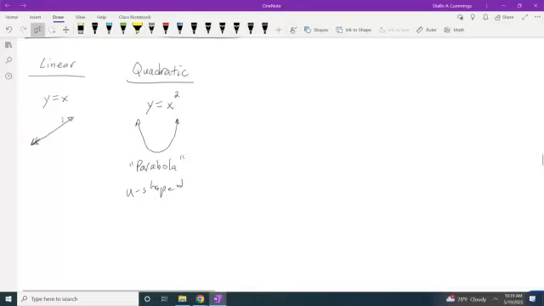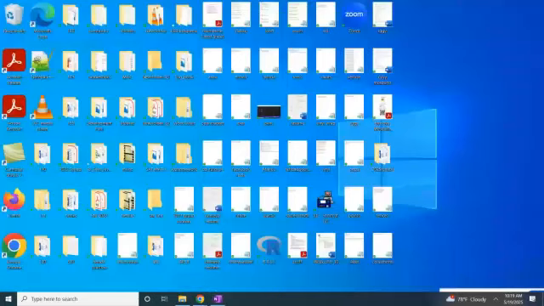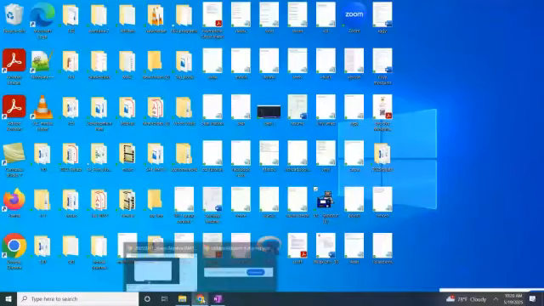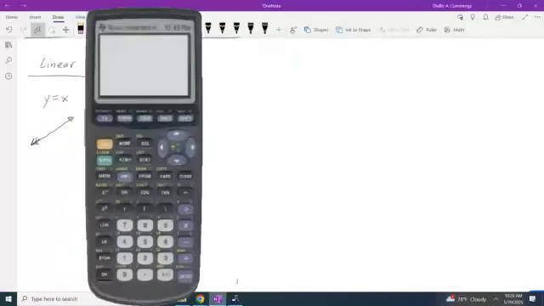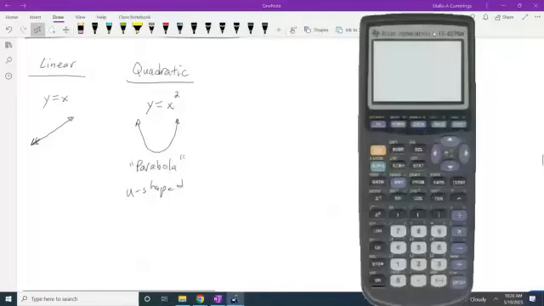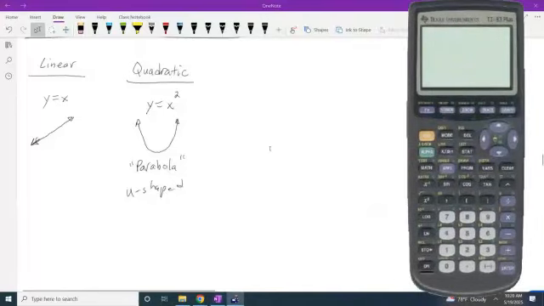All right, now just to see how to graph these things on a calculator, I'm going to pull out my calculator. All right, so if you have yours, you may want to pull it out. We're just going to graph these functions. So if you're using this graphing calculator, here's how you graph.